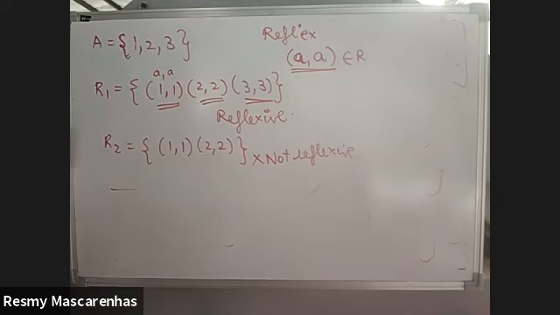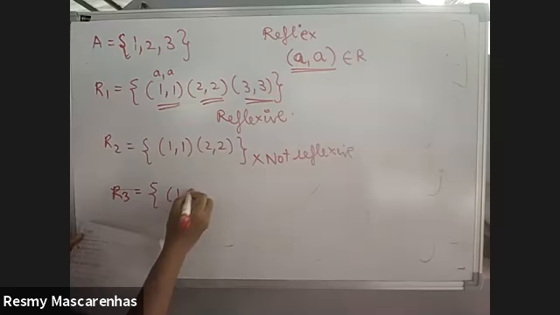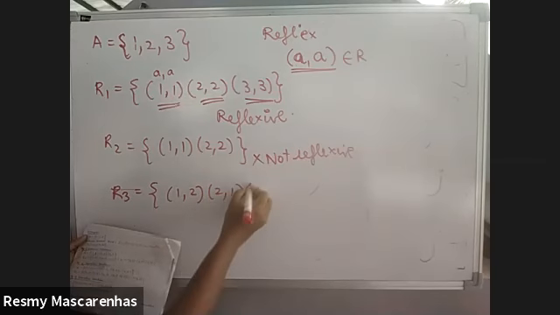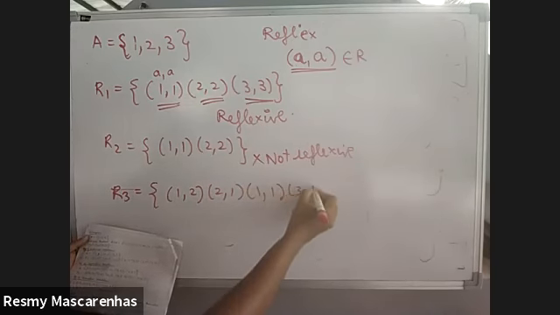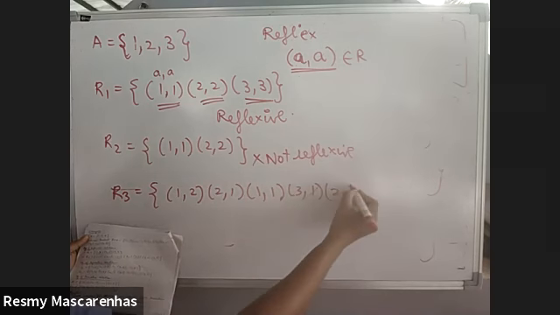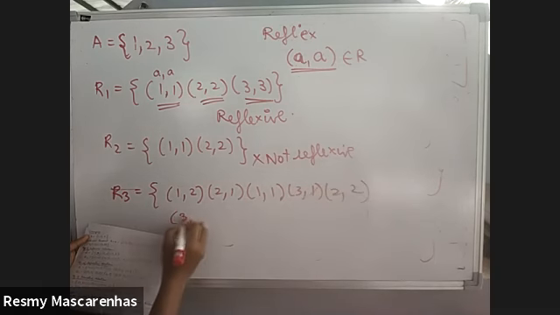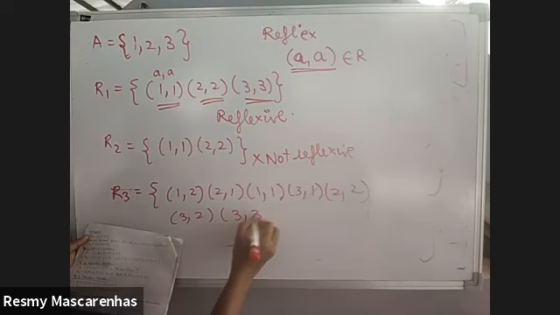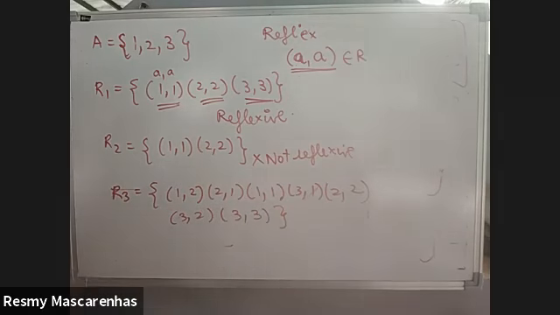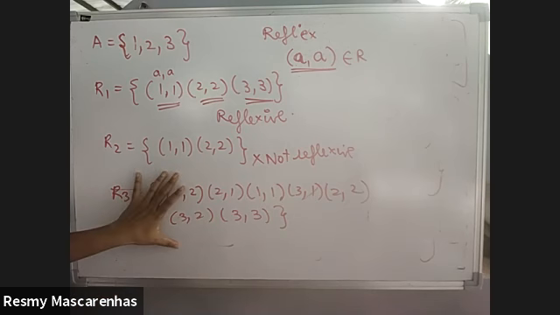Okay. Now the third example, which I've already given in the notes: 1 comma 2, 2 comma 1, 1 comma 1. Now I want to check, this is something given to me. They have asked, check whether this relation R is reflexive or not.